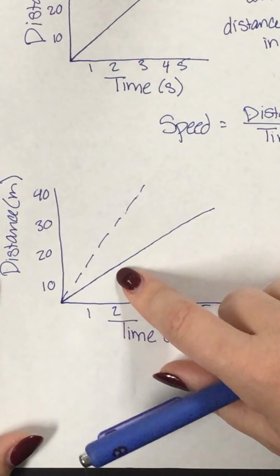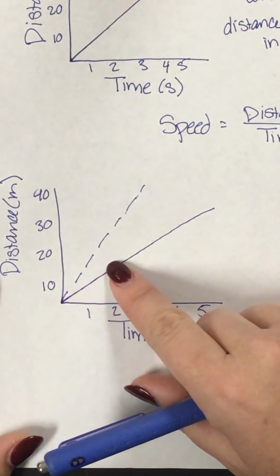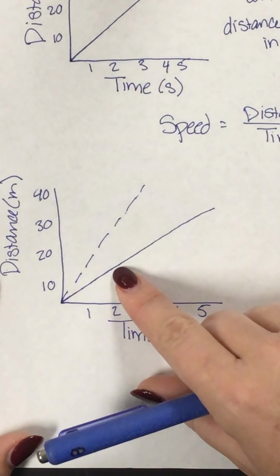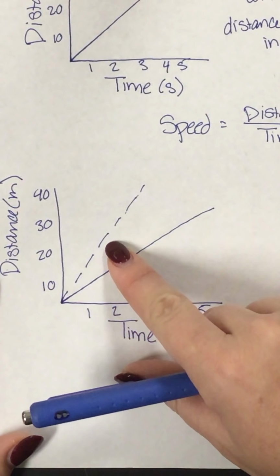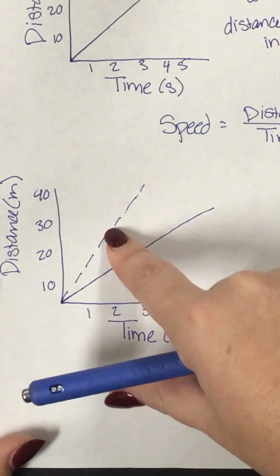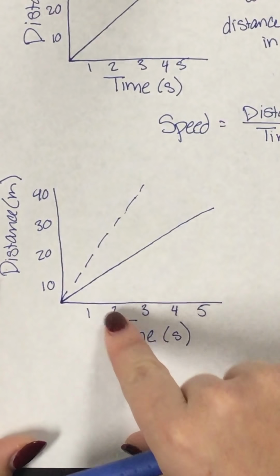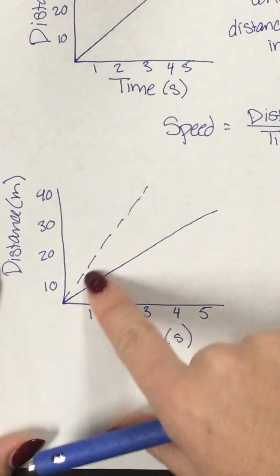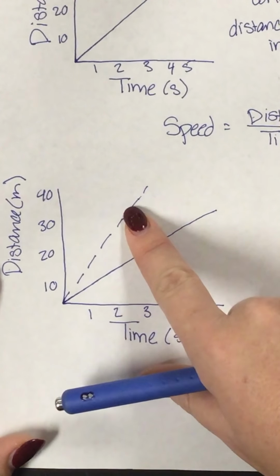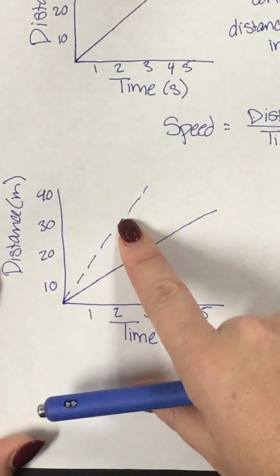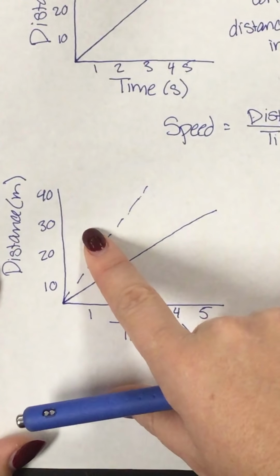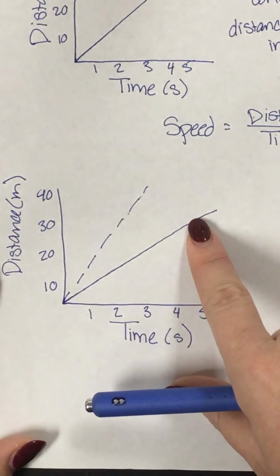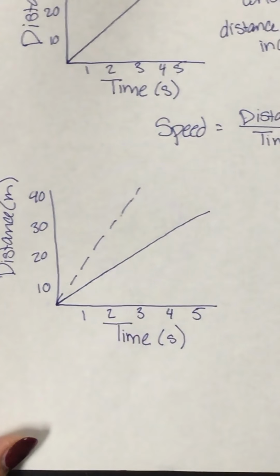In 2 seconds, this first object has only moved maybe 15 meters. In 2 seconds, the second object has moved almost 25 meters. So we can tell by how much distance has been covered in a certain amount of time that our steeper line is moving quicker. It's still a straight line, so both of these speeds are constant. This one is just a slower constant speed, and this is a higher constant speed.